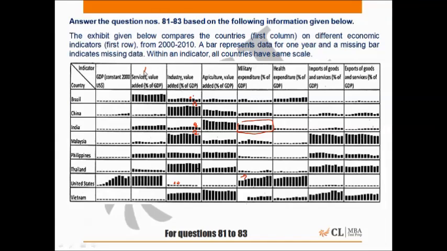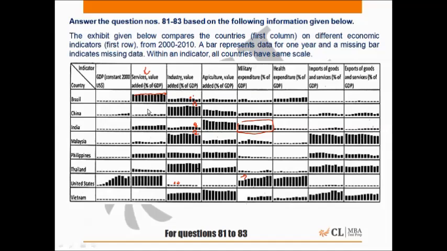Services, and we have to find which country witnessed the maximum increase in services from 2000 to 2010. First option is Brazil. From the chart, it can be seen that services witnessed almost no increase for Brazil from 2000 to 2010, as it is almost stagnant.